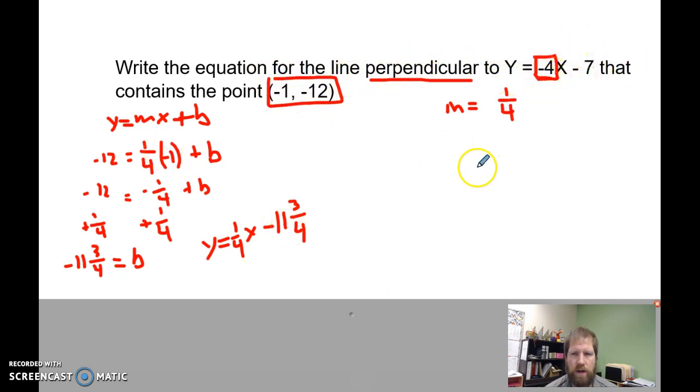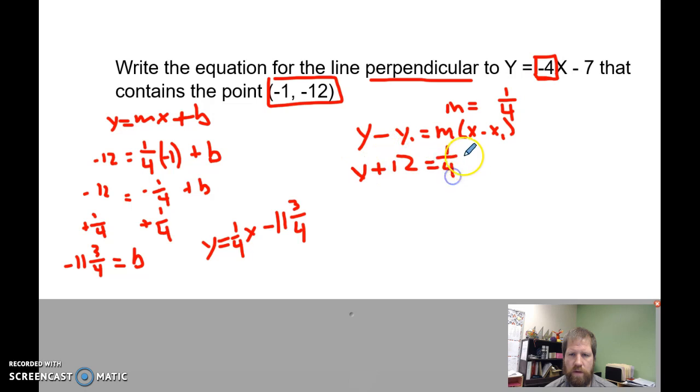Other method, y minus y1 equals m times x minus x1. Fill in what I know. y plus 12 equals 1/4 times x plus 1.